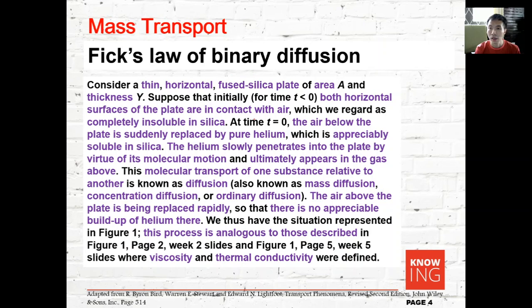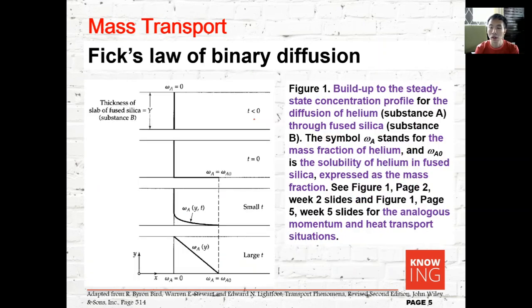Let's consider a thin horizontal plate of fused silica, with two components here, air and helium. Before time t equals 0, air, which is insoluble in silica, exists on the bottom of the fused silica, and basically it doesn't go in because it's not soluble in the silica.